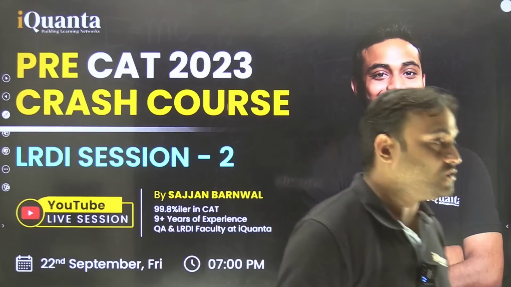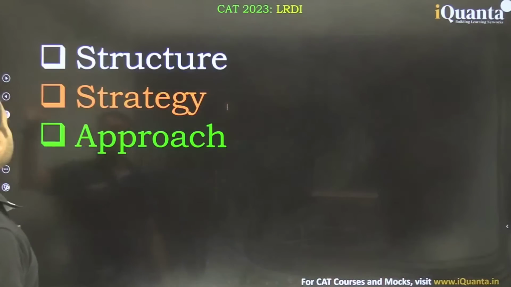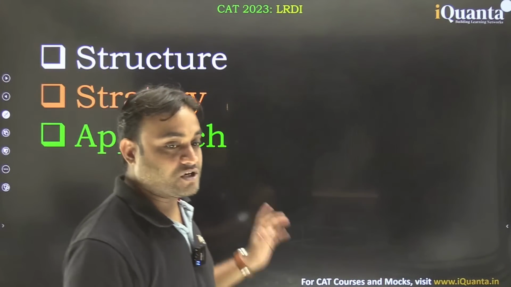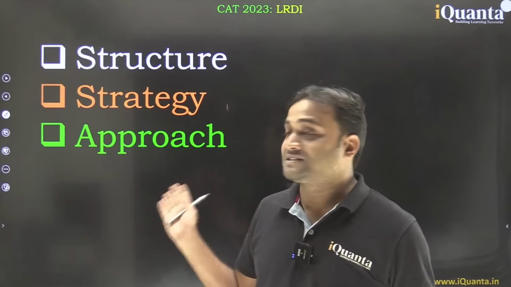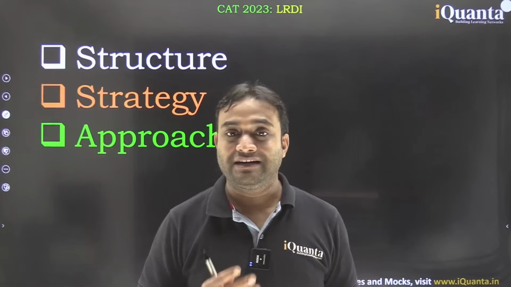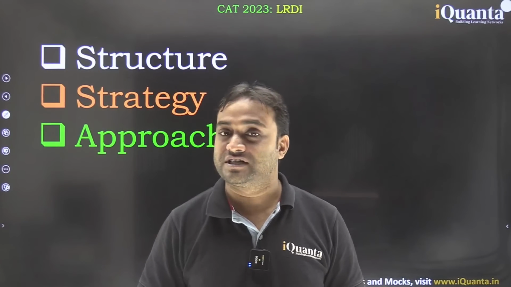So first, these were the things that we learned in the last class. If you were absent, if you did not attend that class, then go to the iQuanta YouTube channel and check the class taken on Tuesday this week.